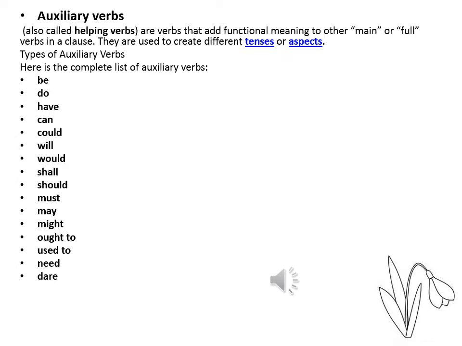Now let's look at examples of different kinds of auxiliary verbs. Here I have mentioned a list: be, do, have, can, could, will, would, shall, should, must, may, might, ought to, used to, need, and at last, dare.